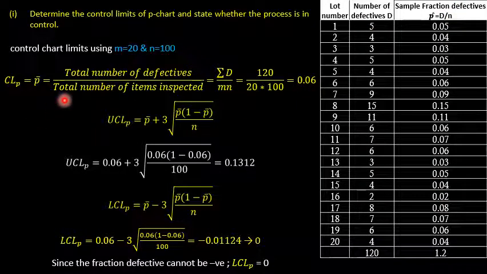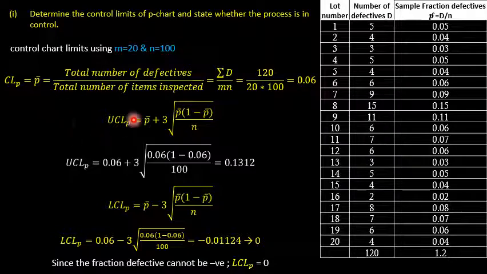After that we calculate the center line for the P chart, P bar. I already told you that you can use either formula, but here we use this one: P bar is equal to the total number of defectives, summation D, divided by the total number of items inspected, m multiplied by n. So P bar is equal to 120, the summation D, divided by 20 times 100, which is 0.06.